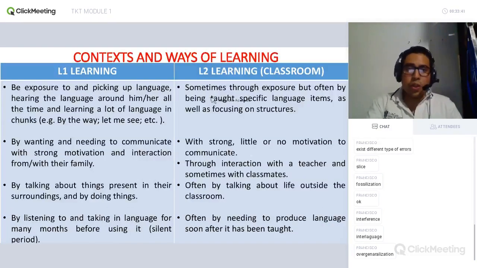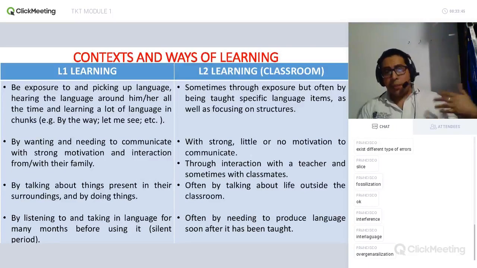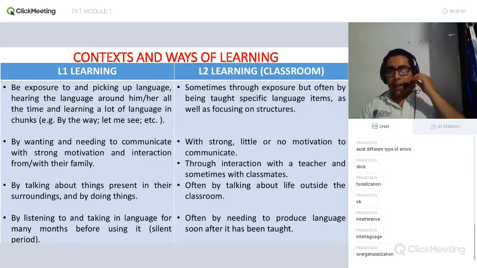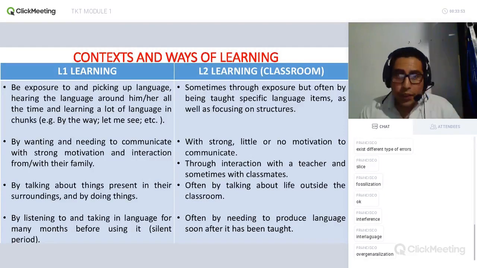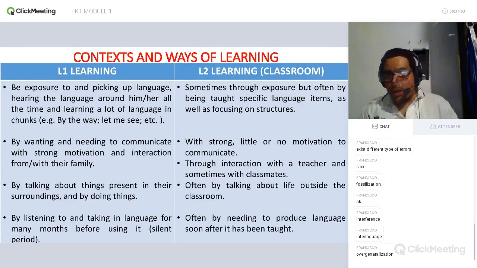Then we were talking also about context and ways of learning. It's not the same, the way we learn our mother language and the second language. We were talking that in L1 we have lots of exposure, and we learn the mother language because we want to communicate. It's a need. It's not like we decided yes or no. It's because you need to communicate.